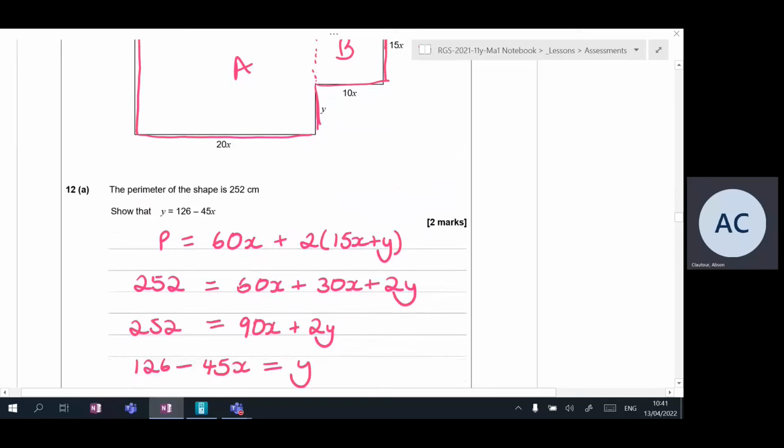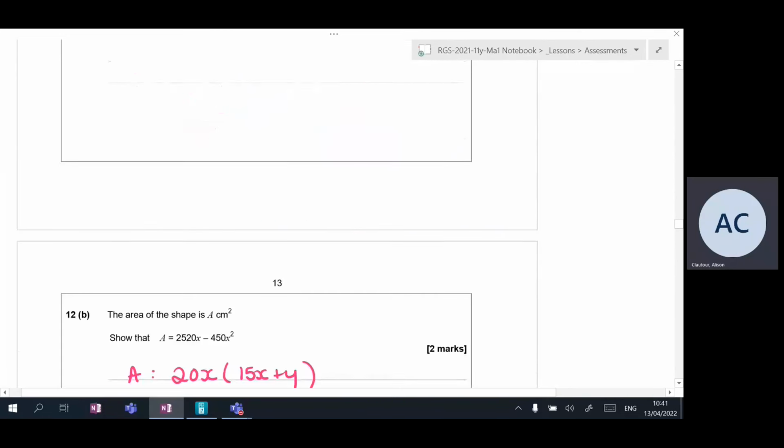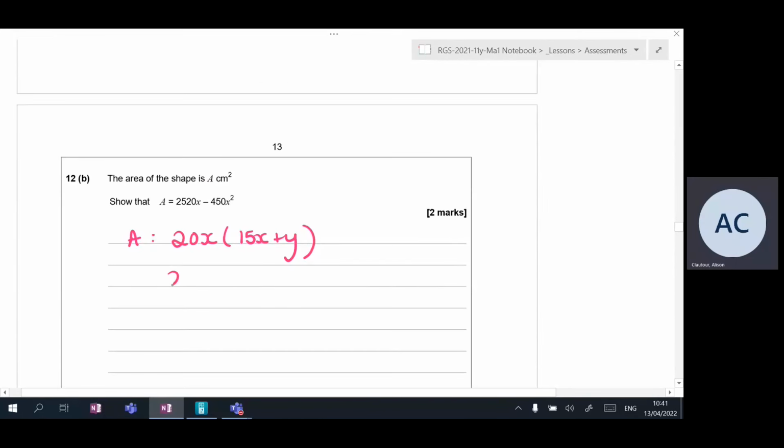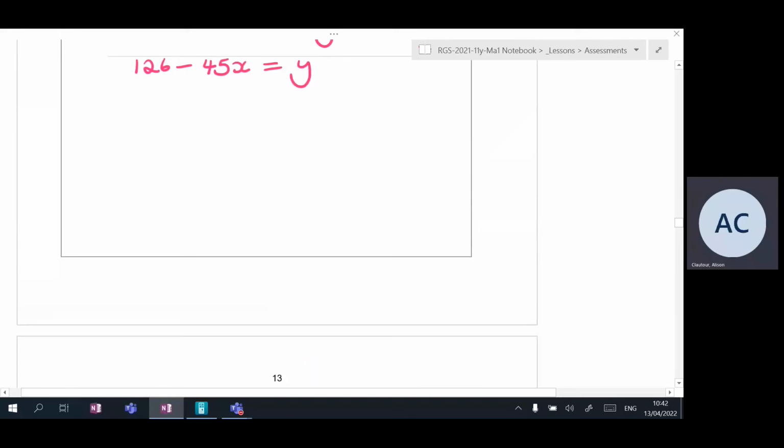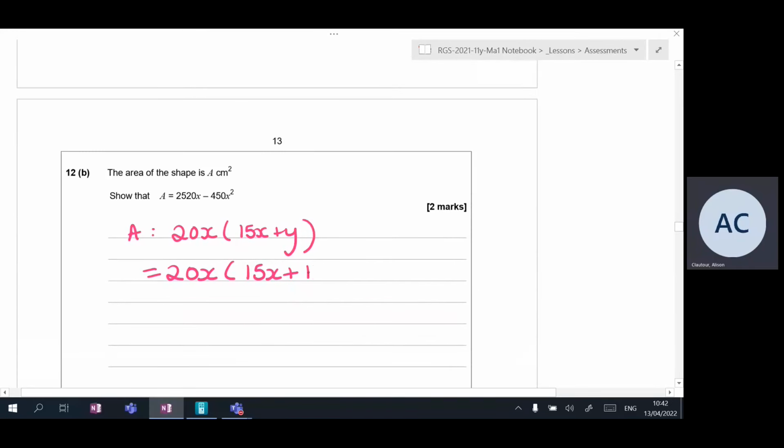Okay, and then I've just worked out what y is, so I can substitute that value of y in. So it's actually 20x multiplied by 15x plus, and remember y was 126 minus 45x.